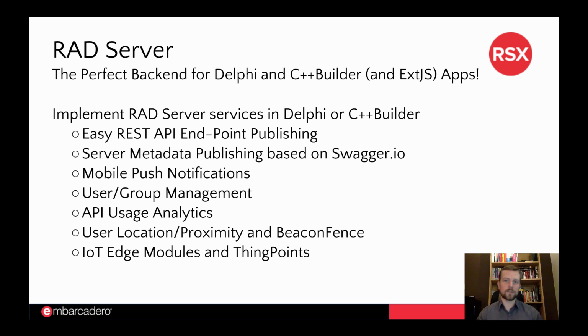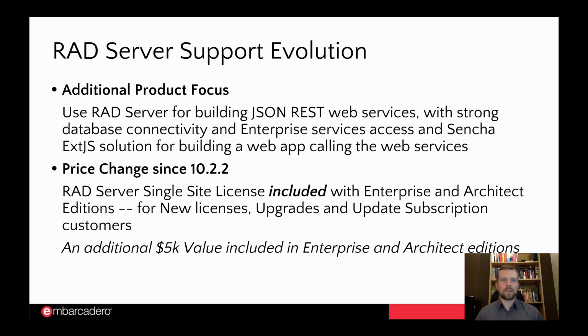And this is fantastic both for developing new server backends, for data that you want to be consumed by your Delphi and C++Builder or web application using Ext JS. And it's also a fantastic path to take your existing desktop applications and enable them to be used easily online.